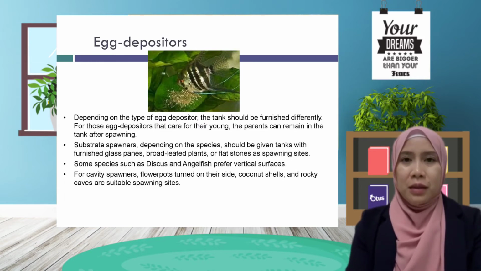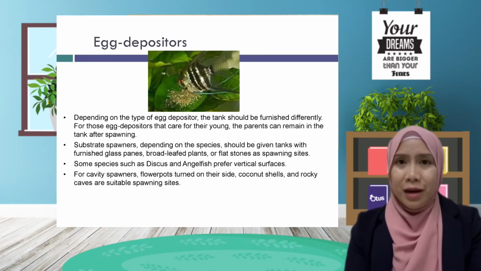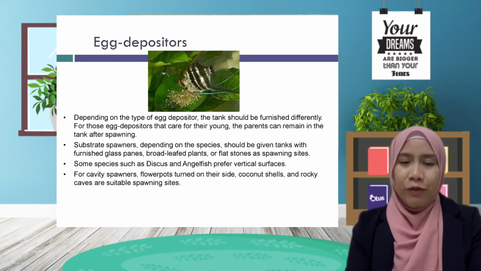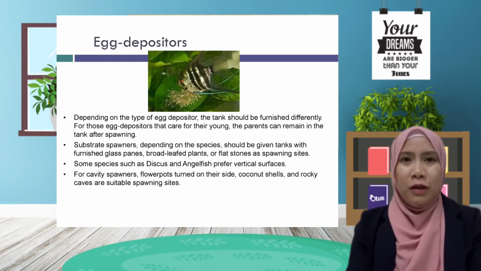Some species, such as discus and angelfish, prefer vertical surfaces. For cavity spawners, flower pots turned on their side, coconut shells, and rocky caves are suitable spawning sites. The tank should be furnished with either live or plastic plants to give the fish a sense of security.